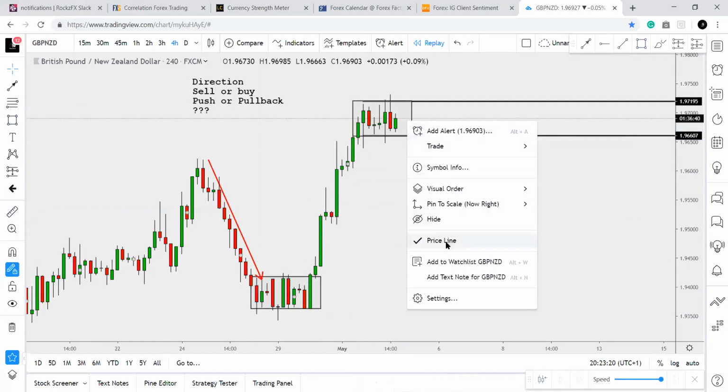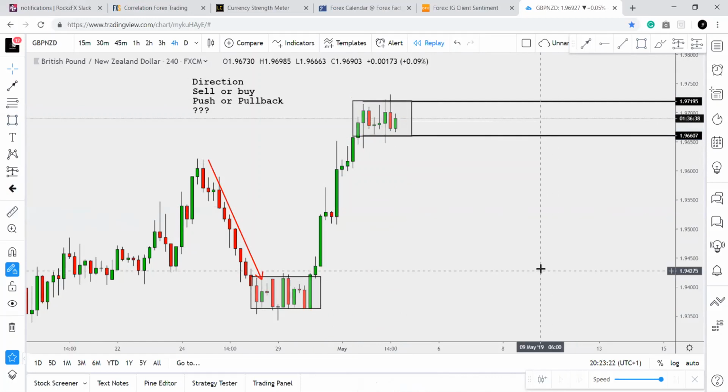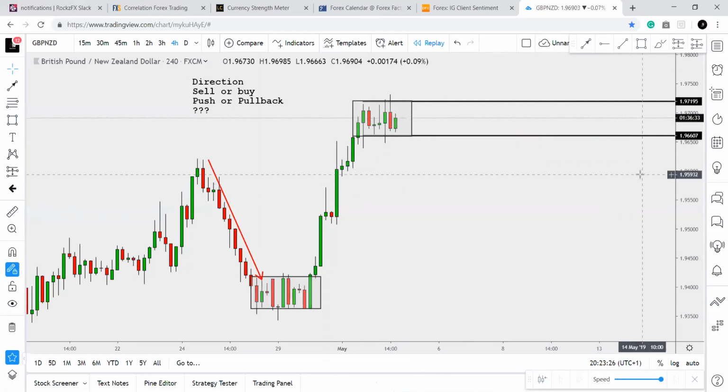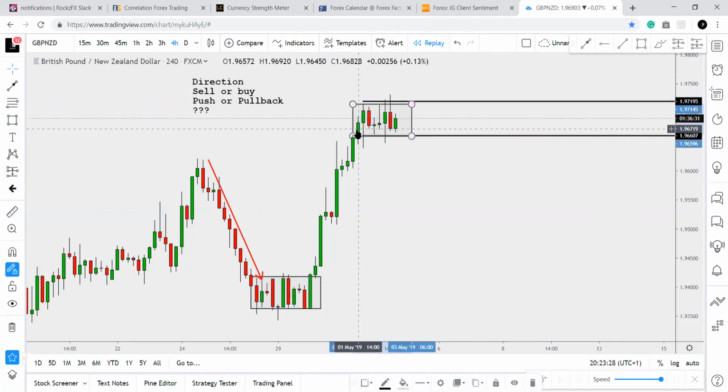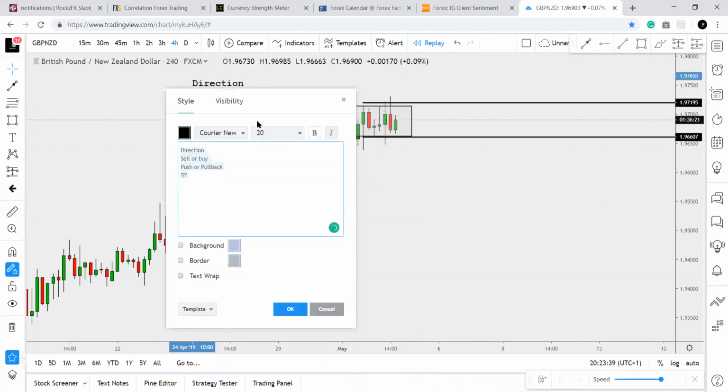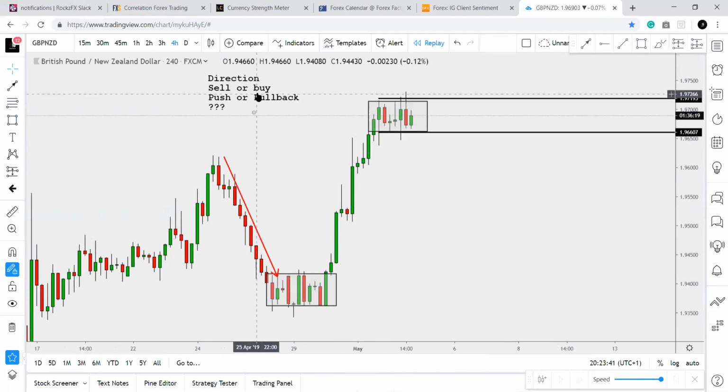A potential breakout, accumulation phase to do what? Push to the downside. Now we don't know it's going to push to the downside because it could push to the upside. Just bear this in mind, and we'll go into more details about this in a minute.